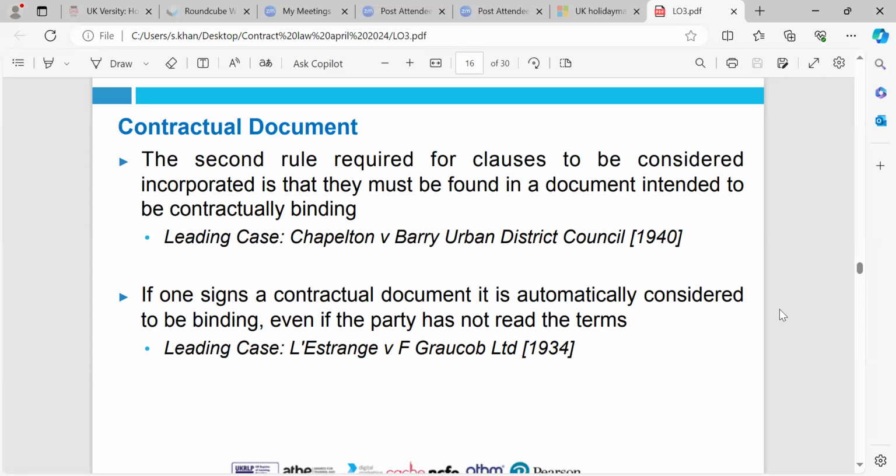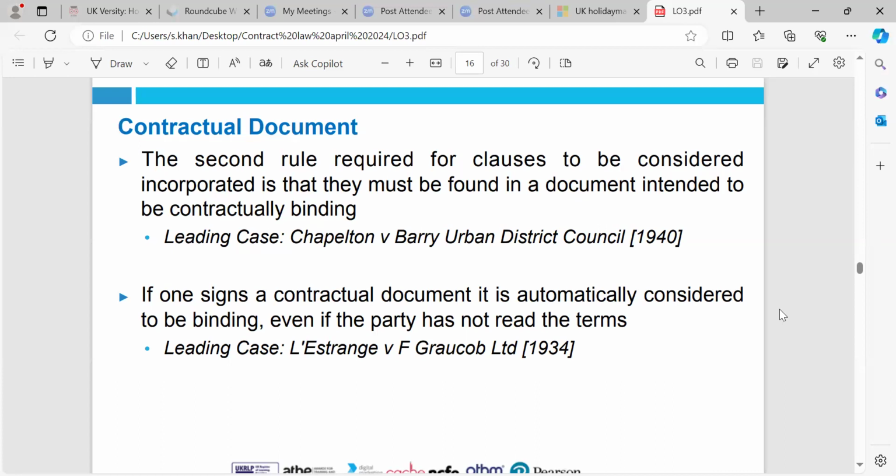So Chapelton in this case wished to hire a deck chair and approached a pile of chairs owned by Barry Urban District Council, BUDC. A notice adjacent to the chairs detailed the cost of the chair, the cost of hire, and advised customers to obtain tickets and retain them for inspection.